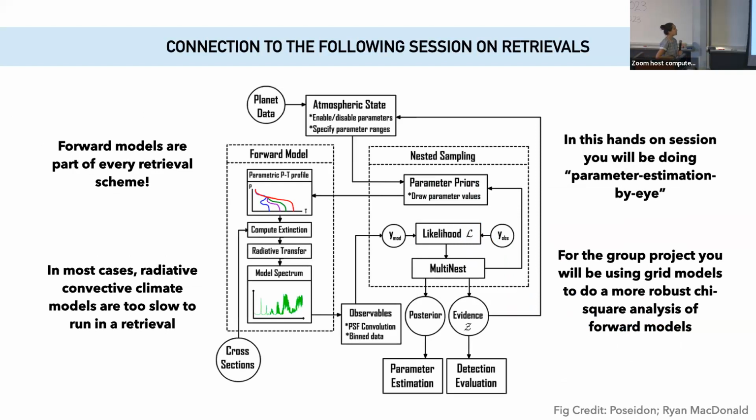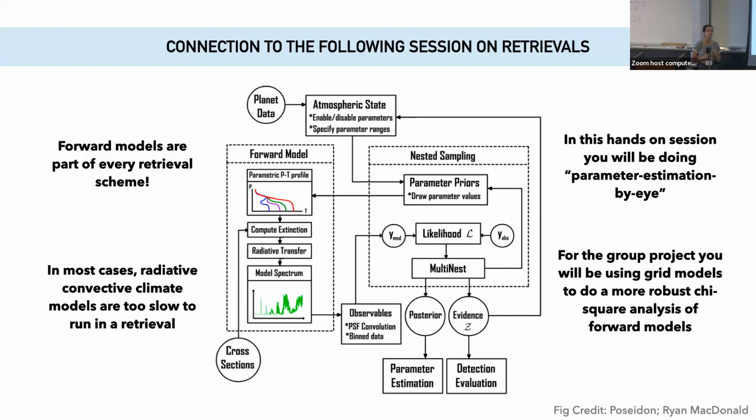And I just want to briefly say how this connects to the following session, Paul's session on retrievals right after this. This is cut off, but this is a figure from Ryan McDonald's Poseidon code, which is another great open source model for doing forward models and retrievals. The forward model piece is really part of every retrieval scheme, right? Embedded in any retrieval code is a forward model.